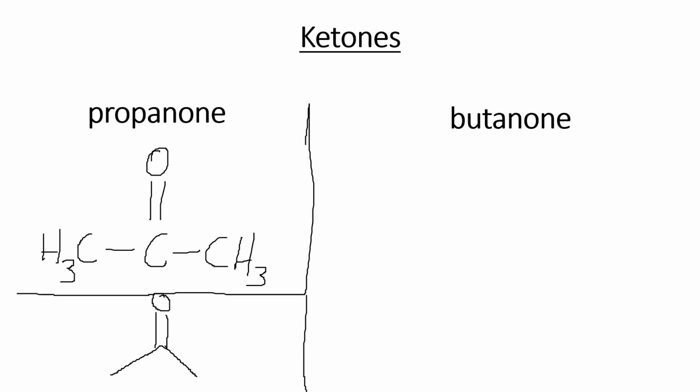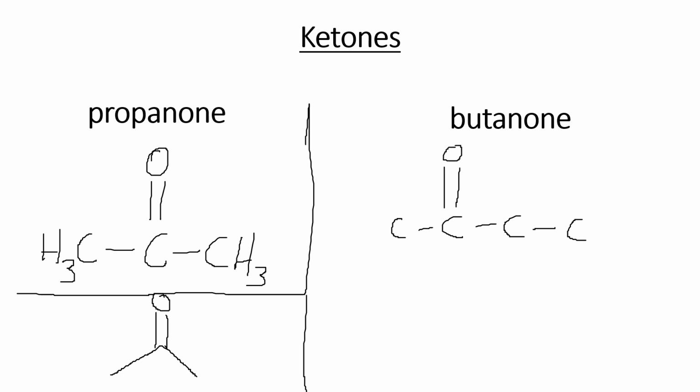Butanone, but means 4, so 1, 2, 3, 4. Now you've got a choice here. It can either go on this carbon here, carbon number 2, or carbon number 3. Actually, that's the same thing, depending on whether you count from left to right. So it doesn't matter where I put it here, it would equate to the same thing.